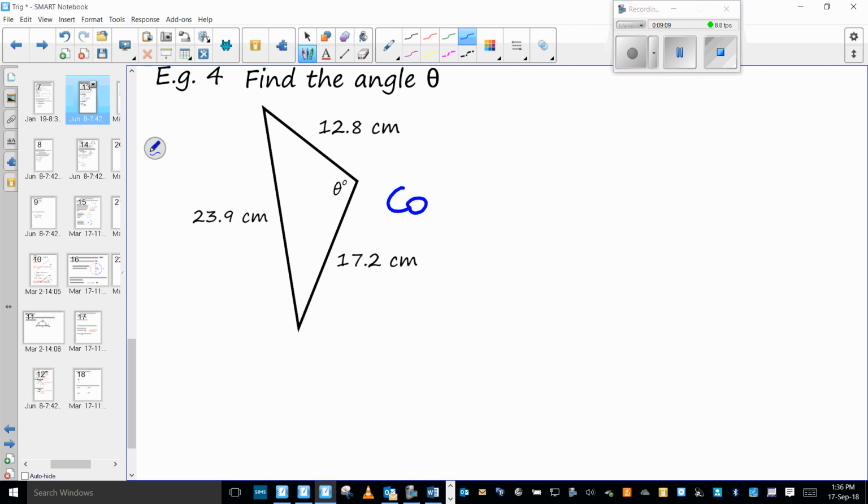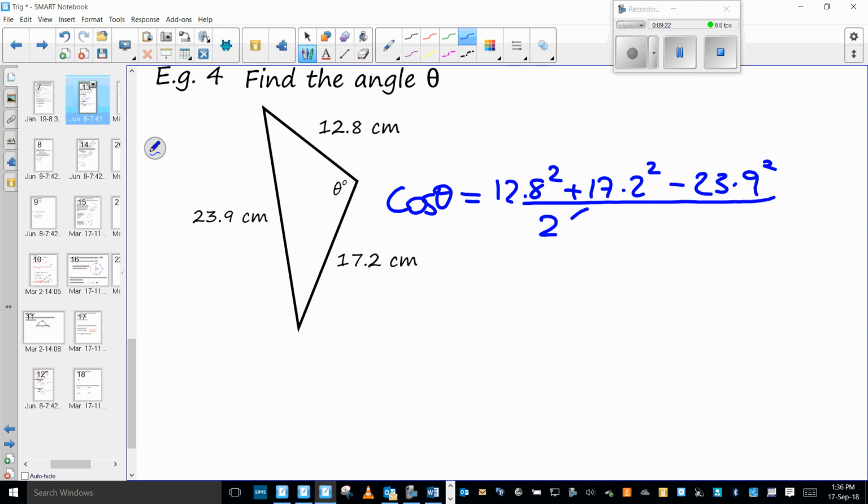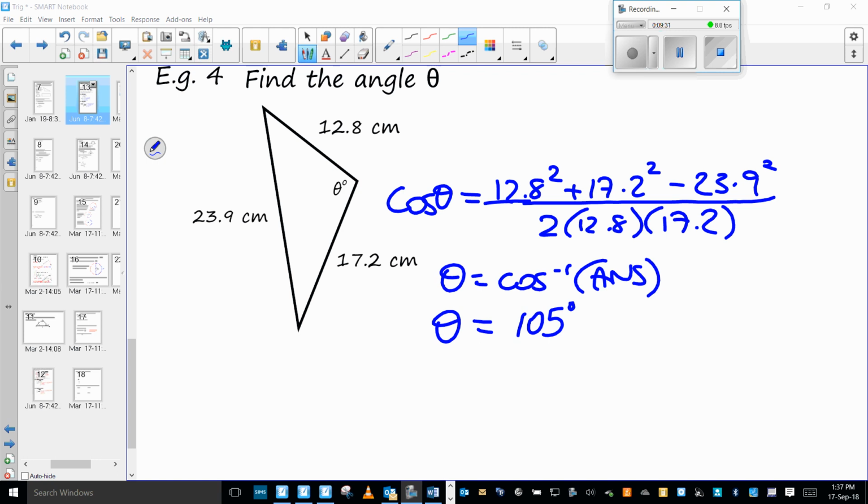Cos theta equals... So we've got 105 degrees. Any more examples? No, there are not.